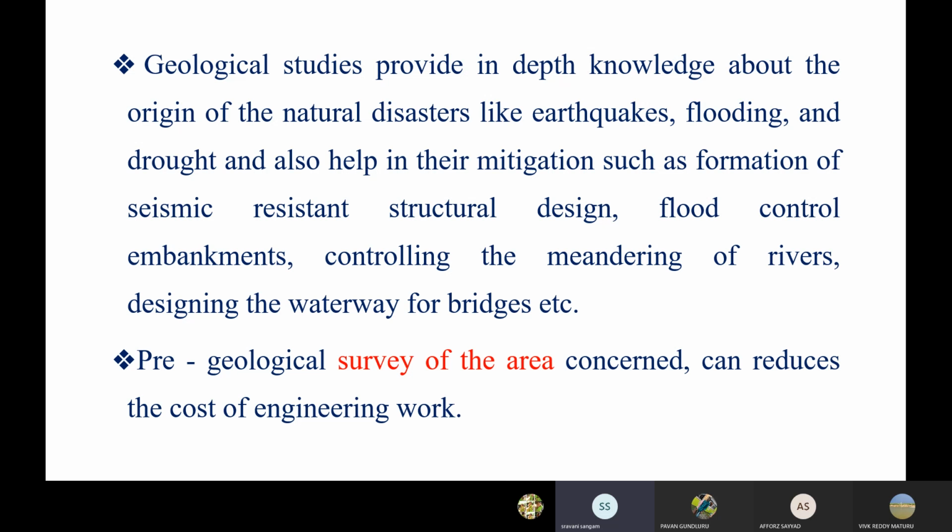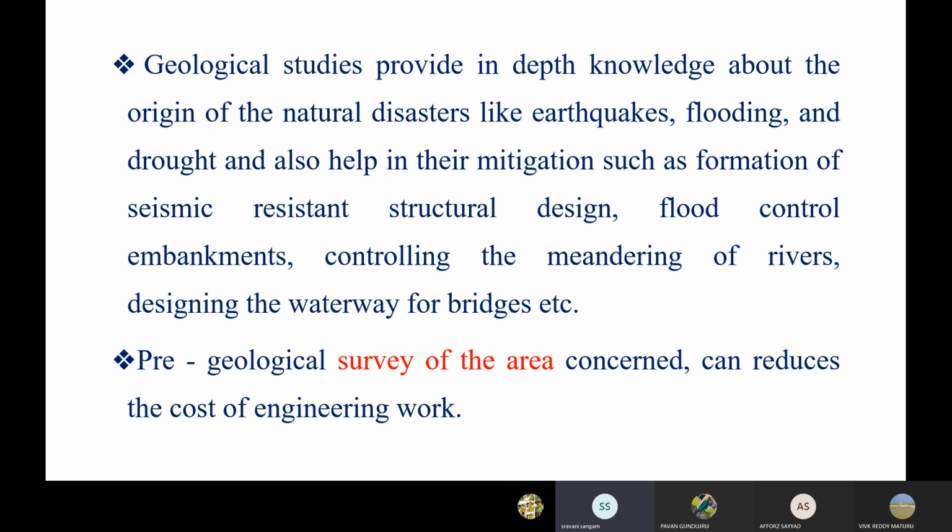And drought means there is no water availability, so water is less or none. Also mitigation, and seismic resistant structural designs. If any earthquake comes, the structure must resist that earthquake, so we have to design that type of structures.